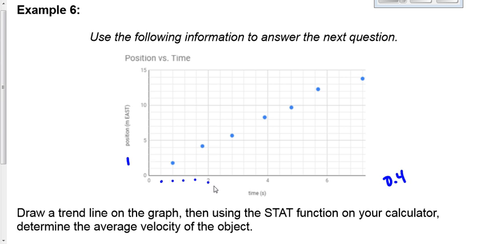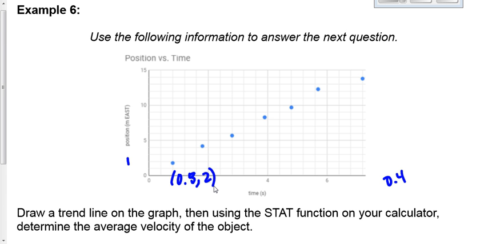So, what are my xy coordinates, my ordered pair for this one here? It looks like 0.8 and 2. Right, 0.8 on the x-axis and 2 on the y-axis. Does that make sense?